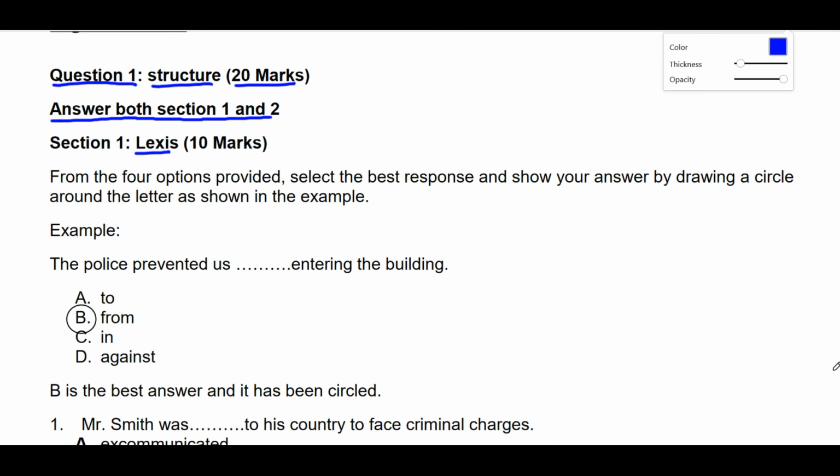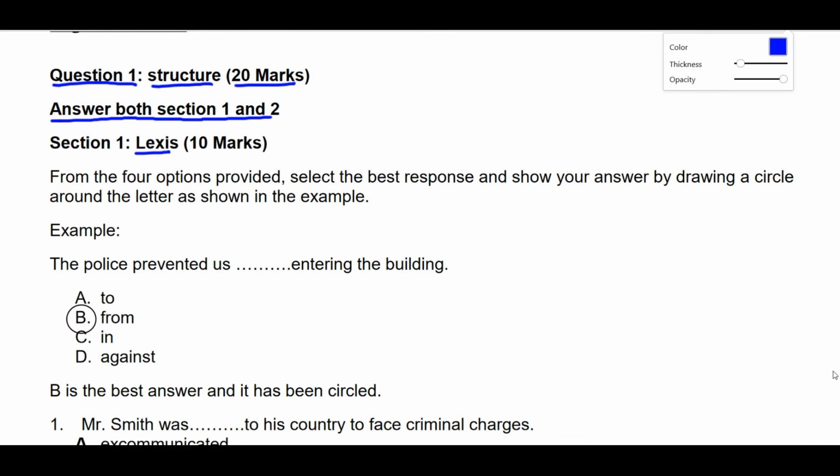The rule is, from the 4 options provided, select the best response and show your answer by drawing a circle around the letter as shown in the example. For example, the police prevented us dash entering the building. The answer is from entering the building.